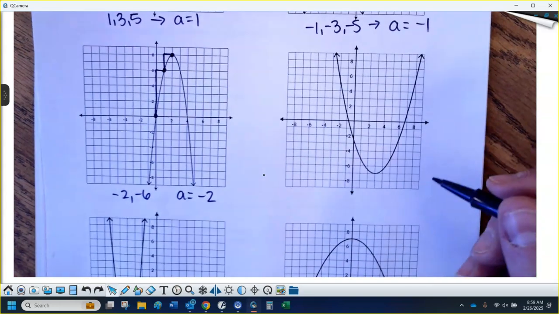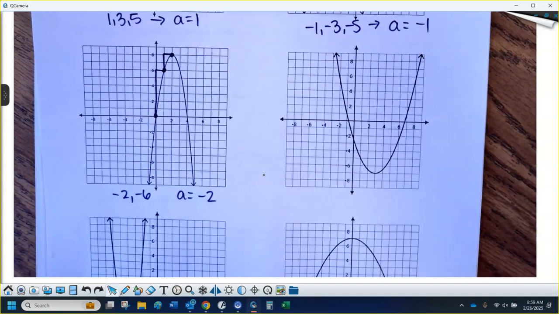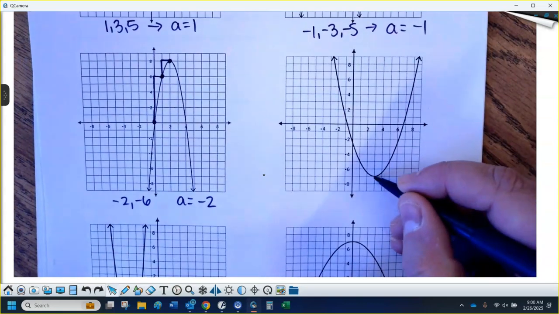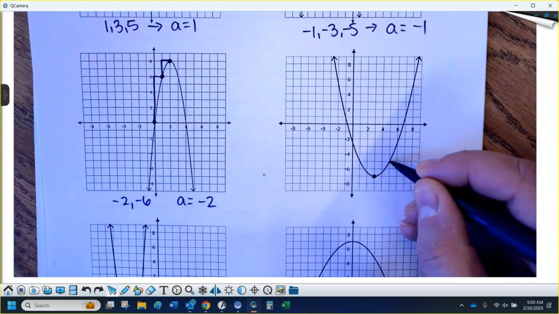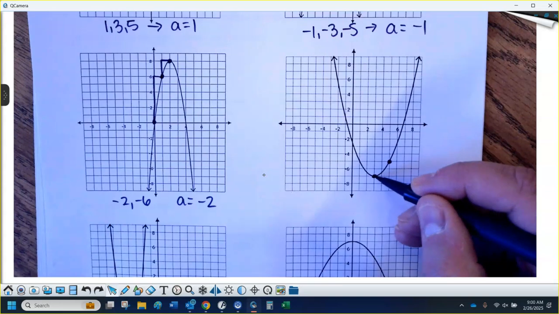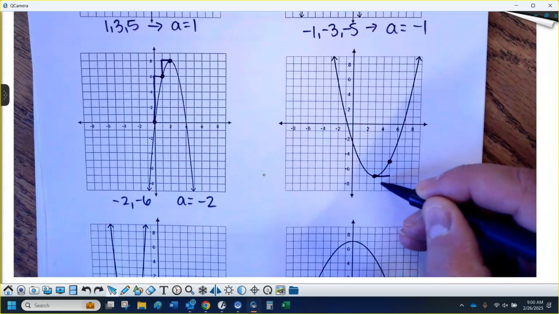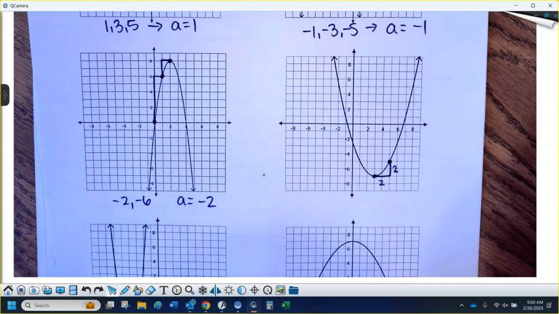Okay, now this is the one that gets kind of tricky. If it's wider, that means the A value is going to be some kind of a fraction. But if you want to try to figure it out, you might be able to. This guy, between two nice points, I'm going not over 1, I'm going over 2, and I'm going up 2.